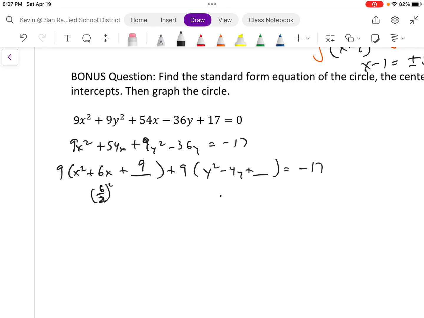Now, here's the key here. Again, we complete the square. 6 divided by 2 squared, that's 3 squared, that's 9. Negative 4 divided by 2 squared, that's negative 2 squared, that's 4.